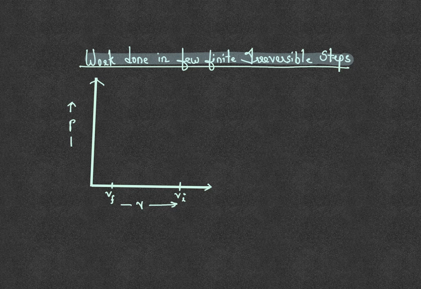We start with volume Vi, the volume of a gas initially. Now, we don't accomplish the process in a single step, but let's say we increase the pressure a little, because of which the volume decreases.